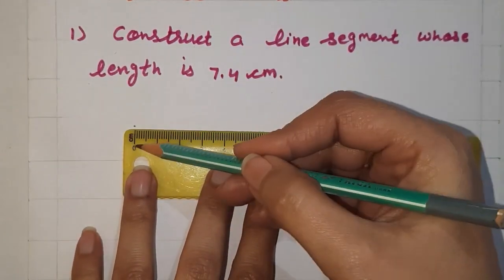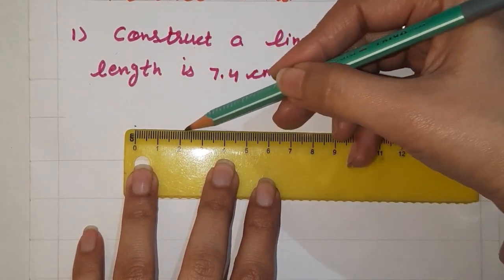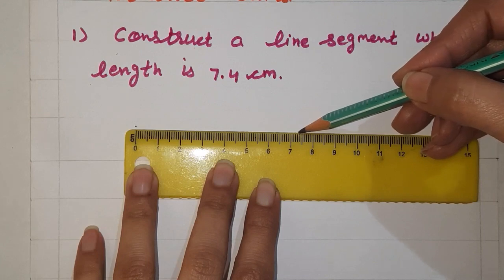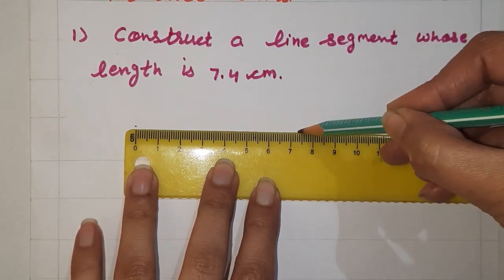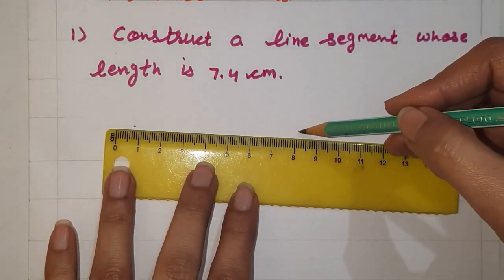Put the 0 of your scale, 0 centimeter. Now 1, 2, 3, 4, 5, 6, 7. Now 4 small divisions after 7 till here. And now you have one starting point, one end point. Join these.